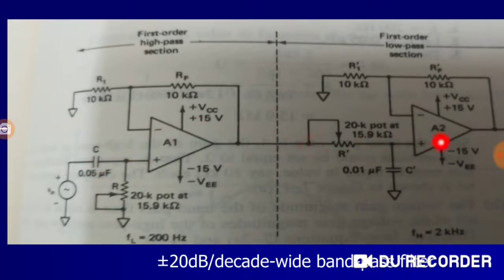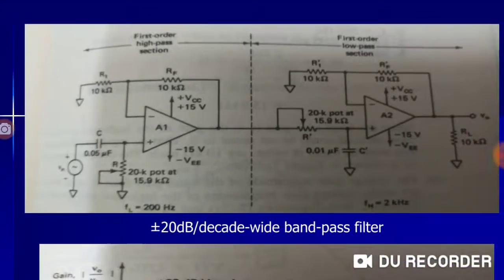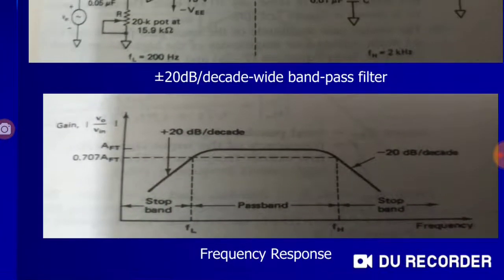When it comes, it is subjected to the low pass filter; until FH it will pass, but once the signal frequency reaches FH, it will again be cut, because now the low pass filter won't allow any frequencies beyond FH. So effectively, since they are in cascade, the effective output will be such that we have a band of frequencies which will be allowed from FL to FH.